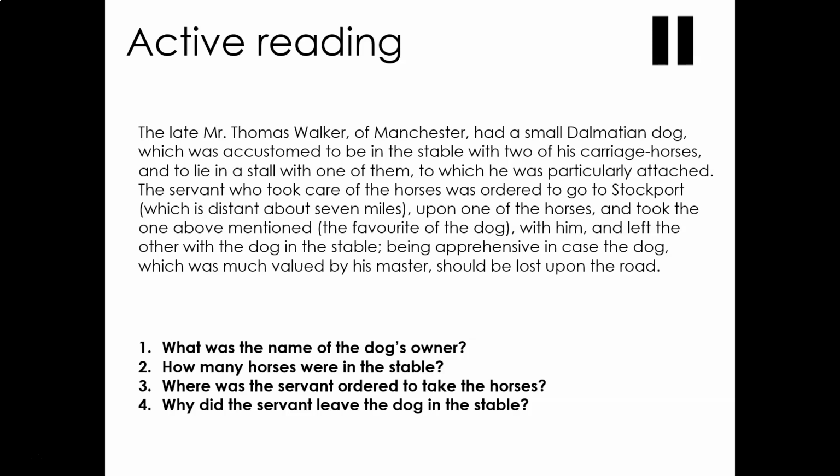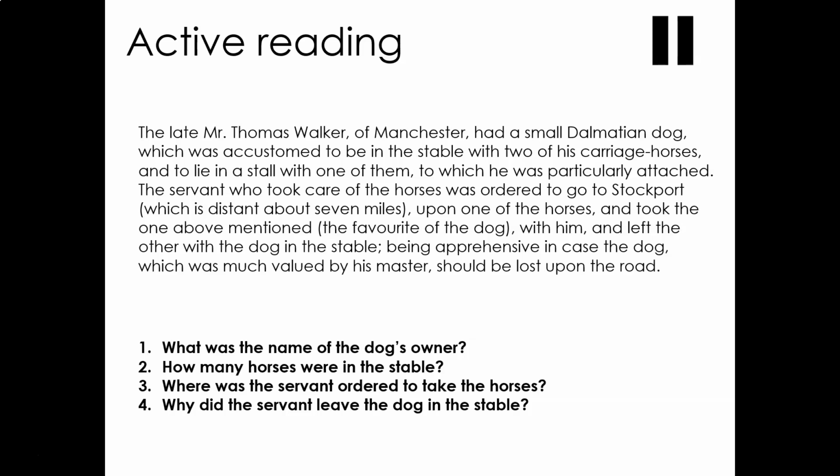So I want you to answer those questions, please, really nice and quickly. Number 1, let's jot down what was the name of the dog's owner. Should be able to find that in the first sentence. Number 2, how many horses were there in the stable? Quick scanning of the text here, find the answer, jot it down. Number 3, where was the servant ordered to go?